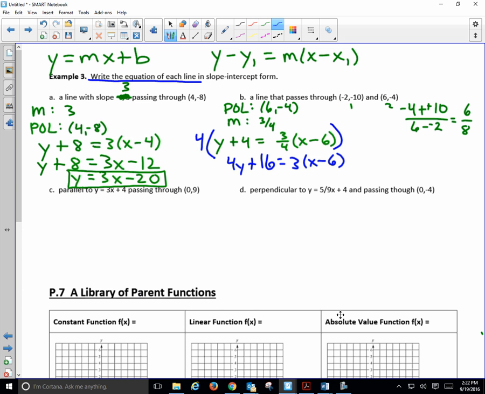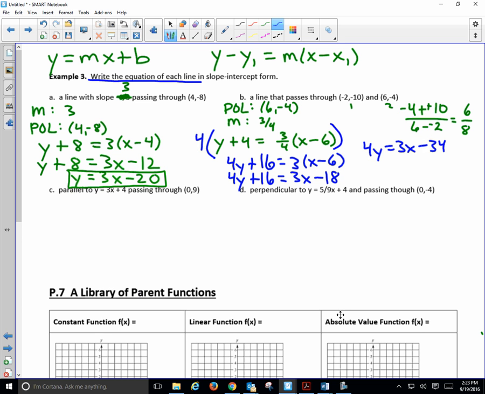You want to solve for y now? 4y plus 16 is equal to 3x minus 18. Now what do I do to both sides? Minus 16. So 4y is equal to 3x minus 34.